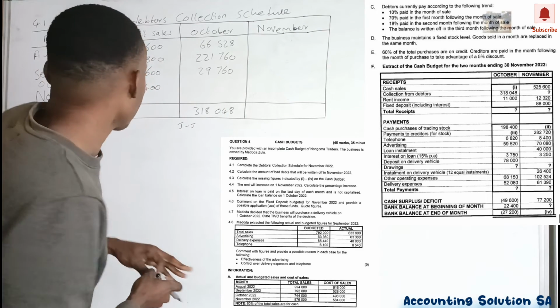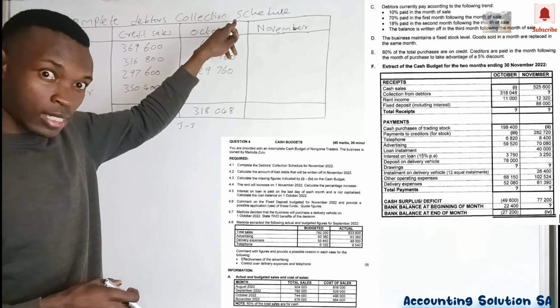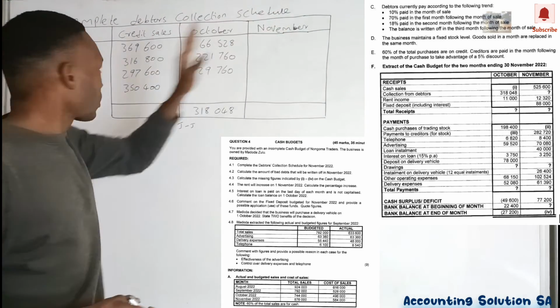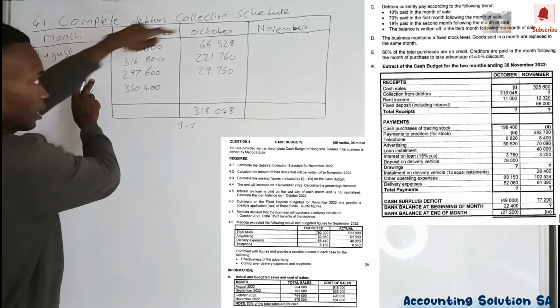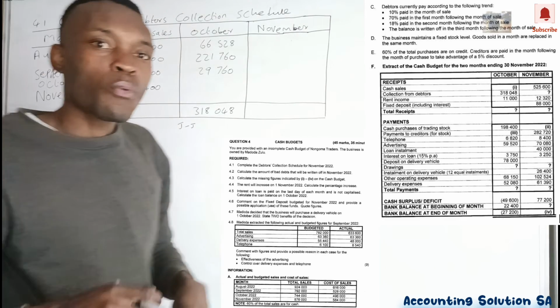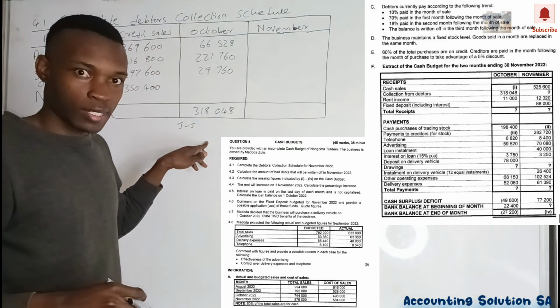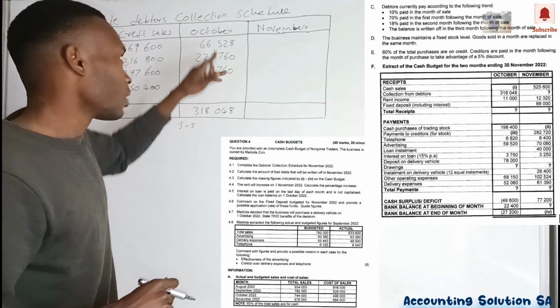Very simple. If you have August this side, you also check if you have August. Okay, we don't have August. September, we don't have it. It's fine. October, we have it, which means that we have October and October, and where these two meet is that 10%.